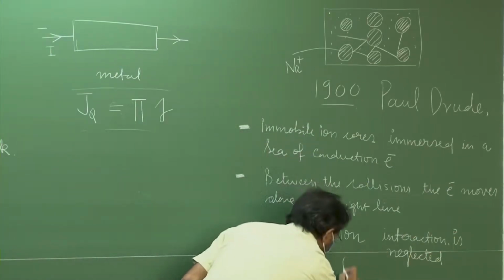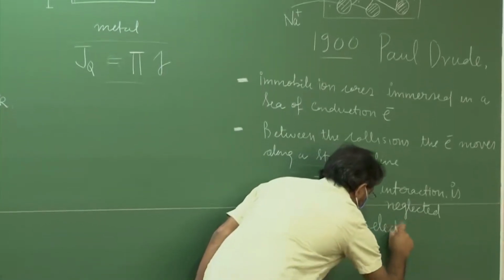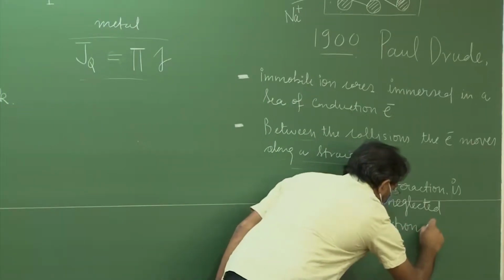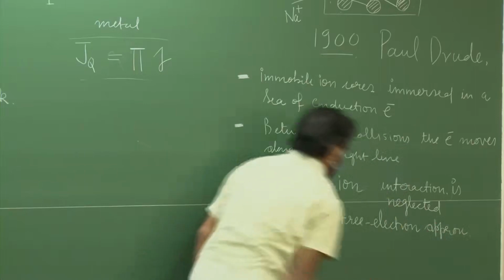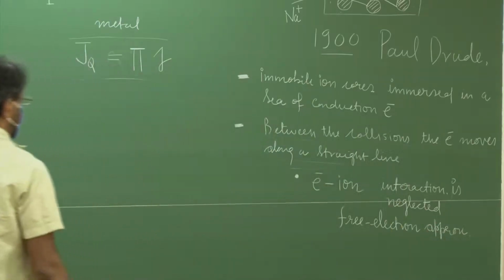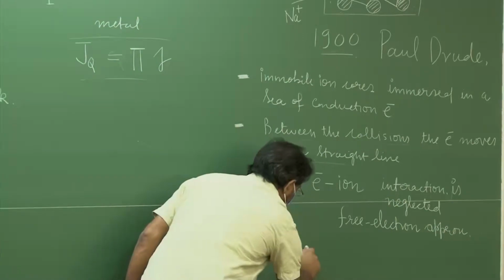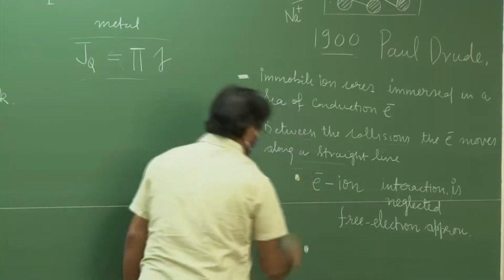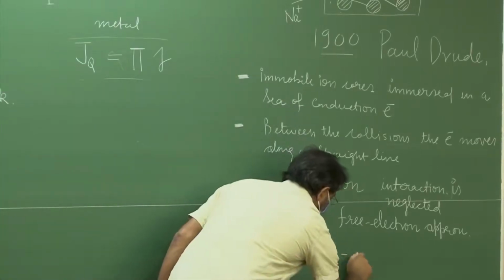So Drude's model is a free electron model. This is the free electron approximation. And the second thing, which is very striking, is that he neglected completely the interaction between the electrons.